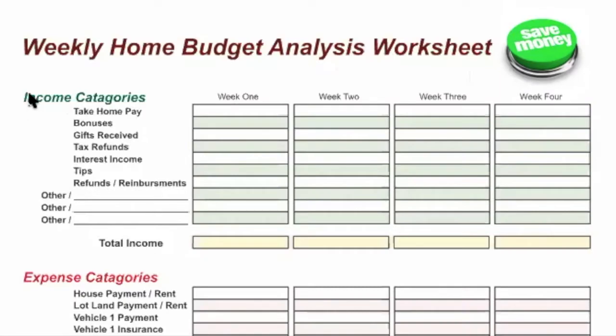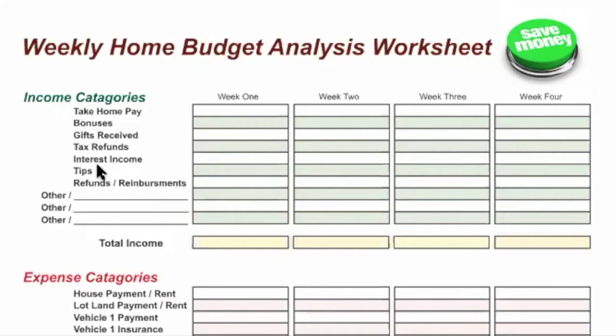Here you can see our income categories. If you have multiple incomes, you have take-home pay, you receive bonuses, if you received any sort of gifts, if you filed your taxes and you're due a refund, you can also include that in your budget.